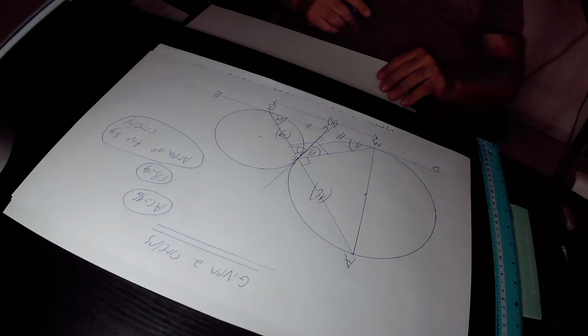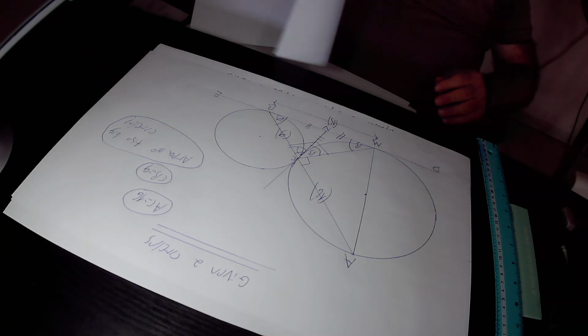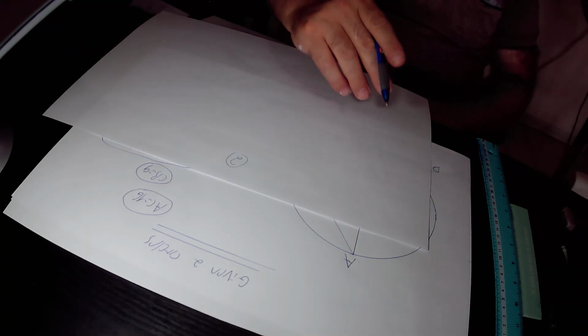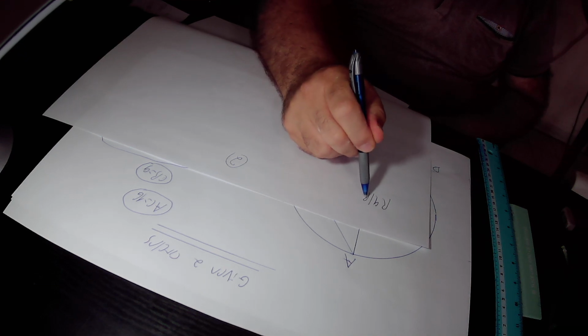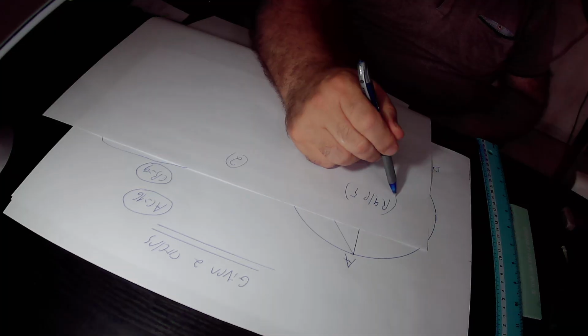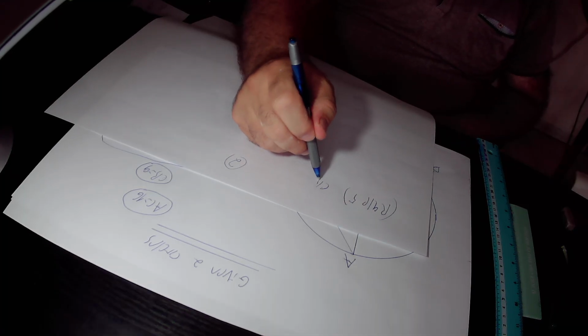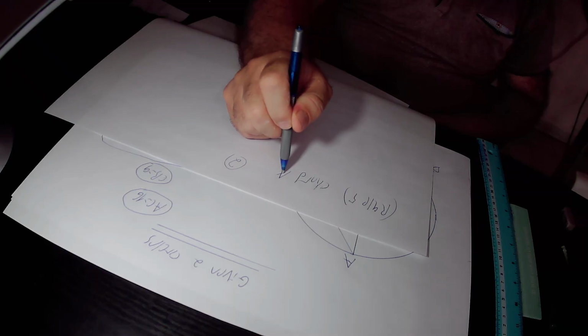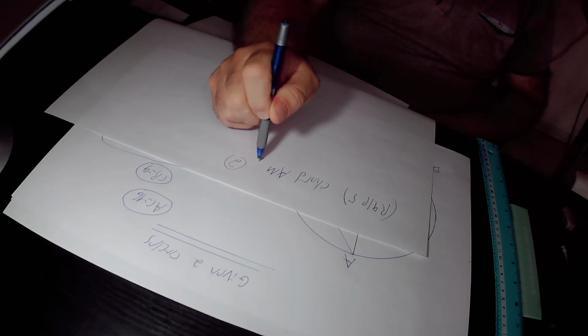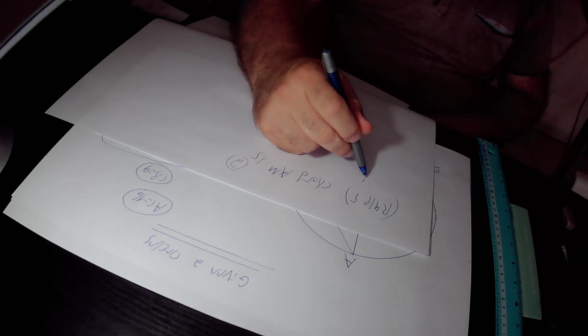So we found out that according to rule 5, chord AM is the diameter of the circle.